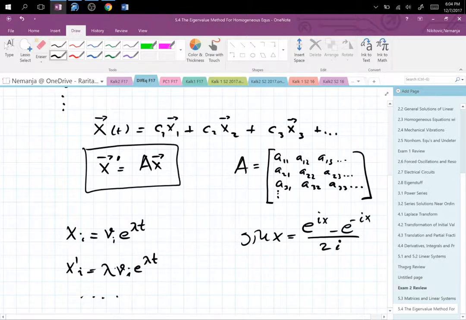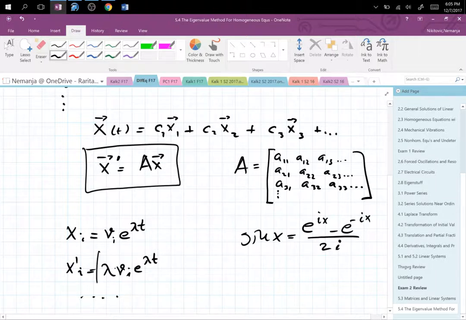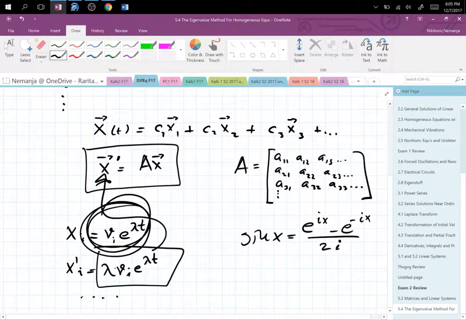Now, what that does for you is once you plug that into the system up there, you obtain the formula which will allow you to compute these eigenvalues. So when I take all of these and I see the form they have, I'm going to plug this thing here, and I'm going to plug this thing there.